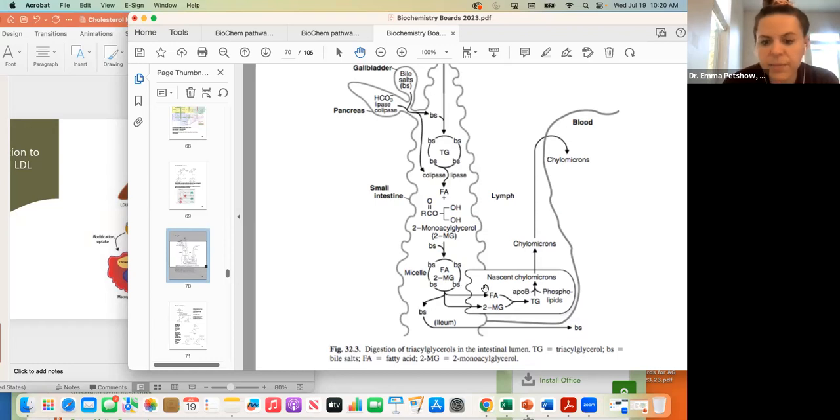Once it's absorbed through the membrane, it's going to break back down into fatty acids and monoacylglycerol. The only reason we formed a micelle was to move it through the membrane. So we break it back down into these two components, and we reform our triacylglycerol, or essentially our triglycerides. We reform this molecule here, which is then packaged with phospholipids and ApoB protein.